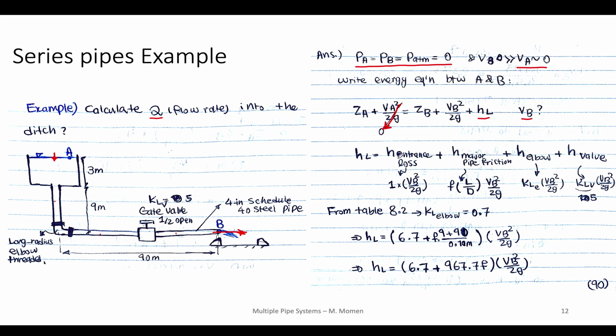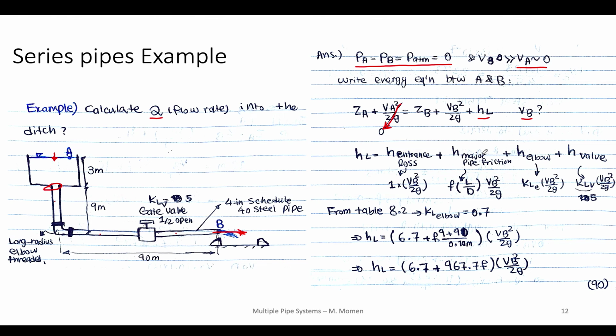Okay, so the first one is the entrance loss, the loss that is caused here. We have a loss here because the flow is coming in and we have a sudden contraction in the fluid. So that is the first one.